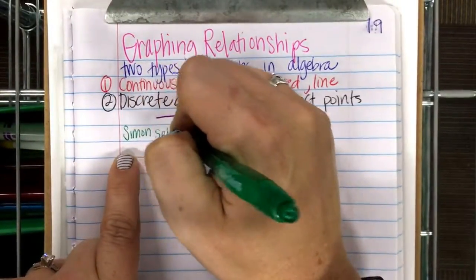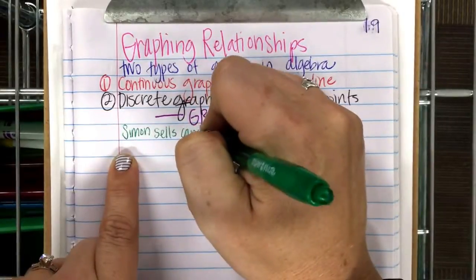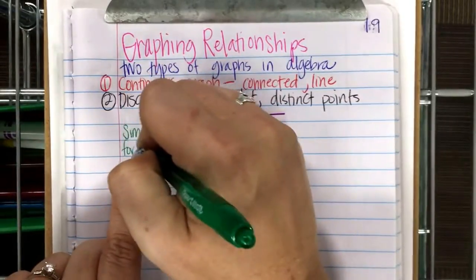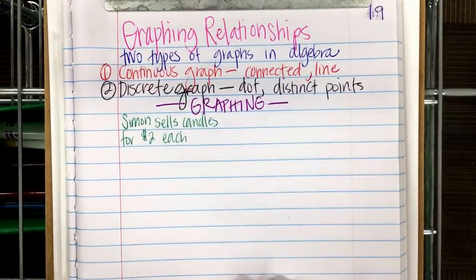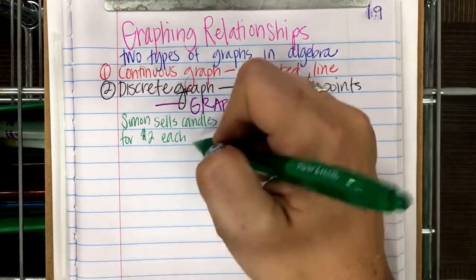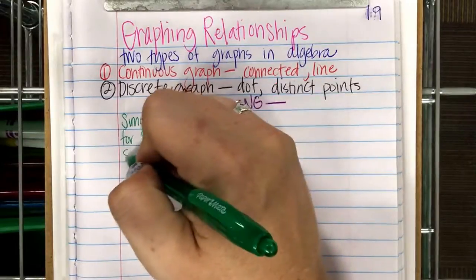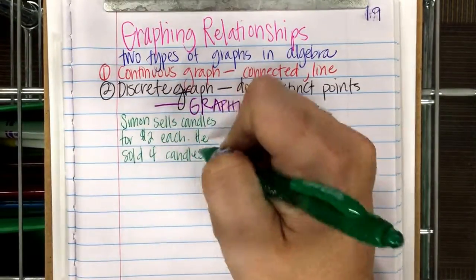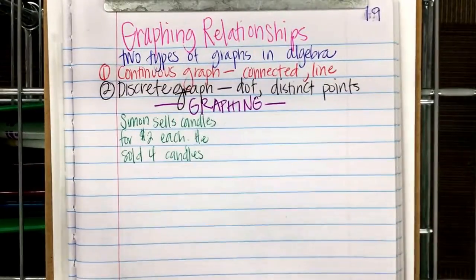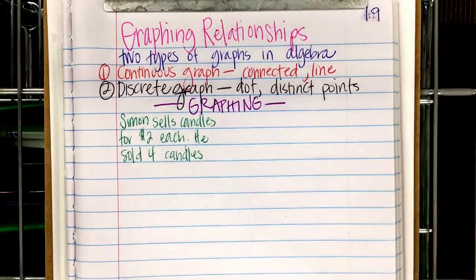Simon sells candles for $2 each. He sold 4 candles. Can you make a graph of what happened to Simon?